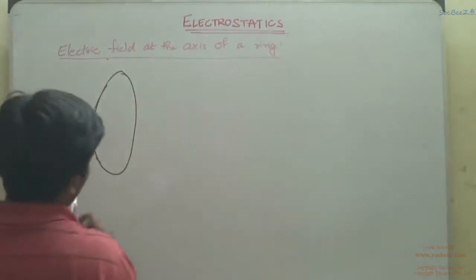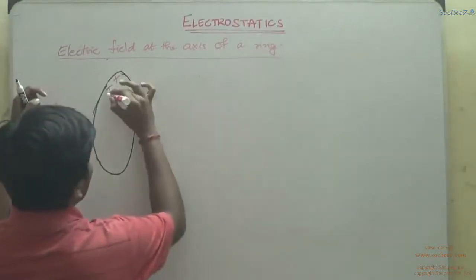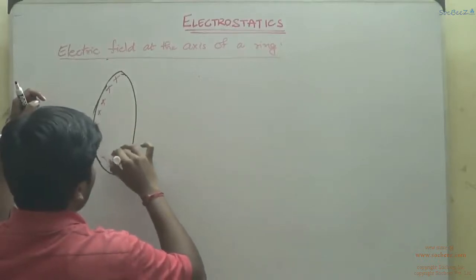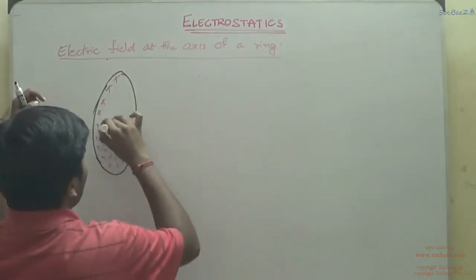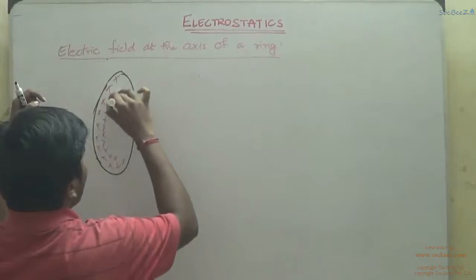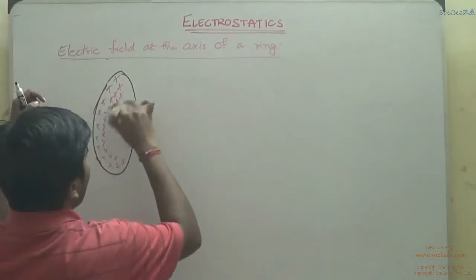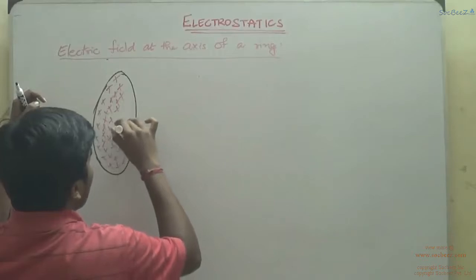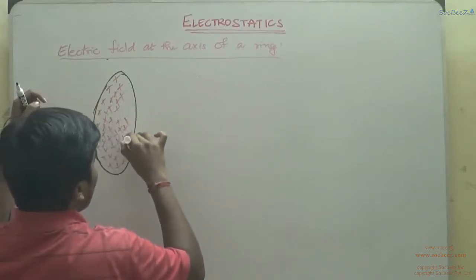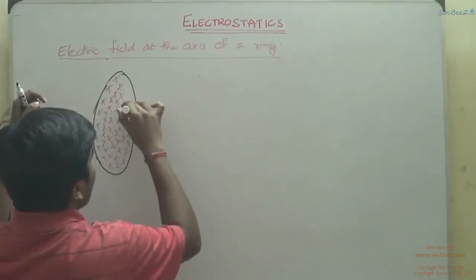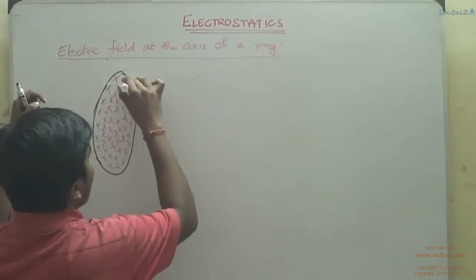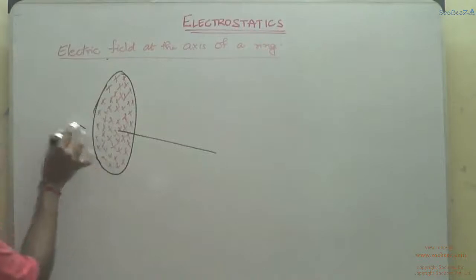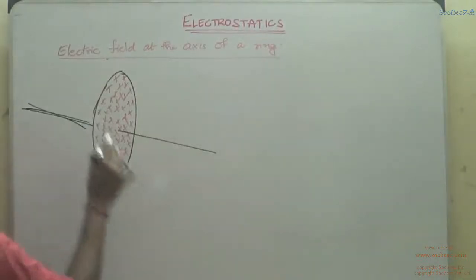Consider the disk having, okay, and now we are asked to find out the electric field at the axis.